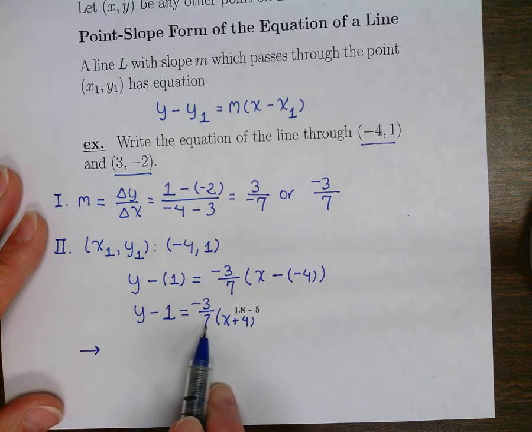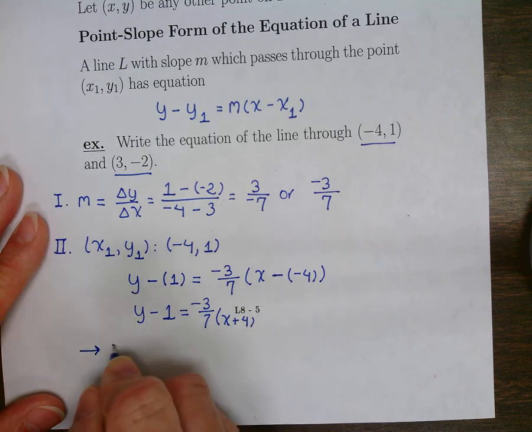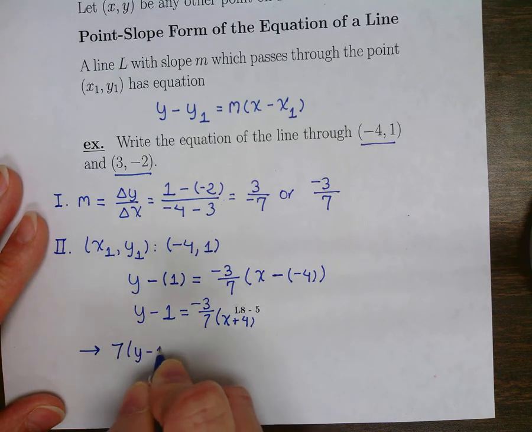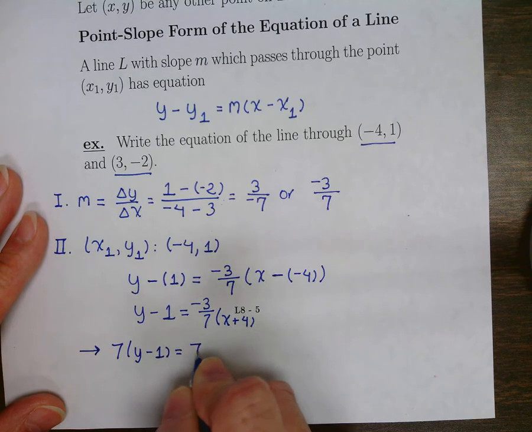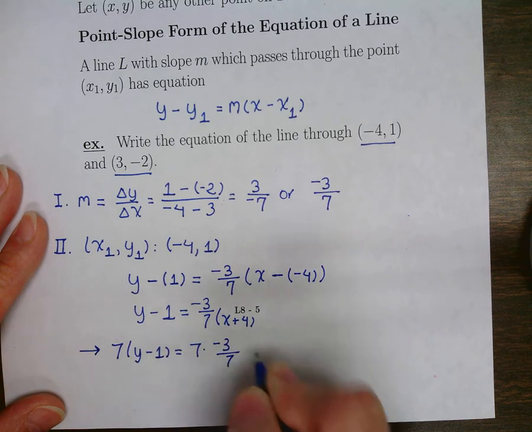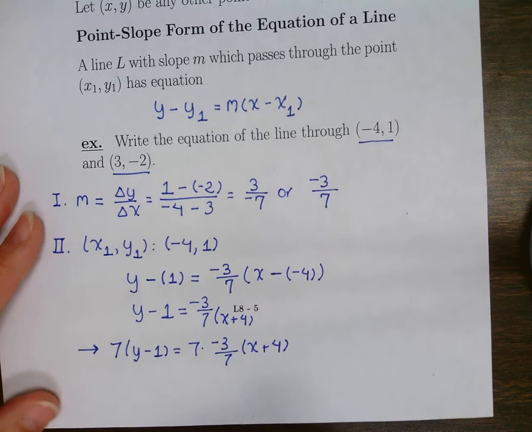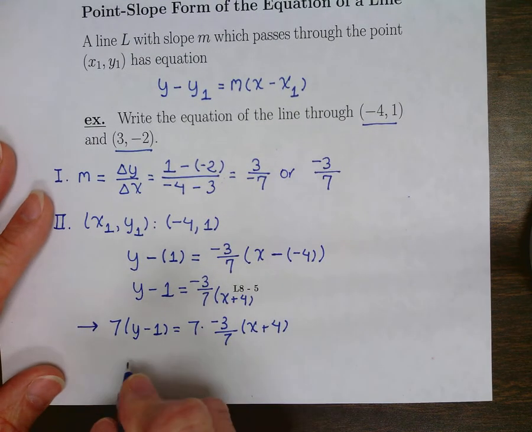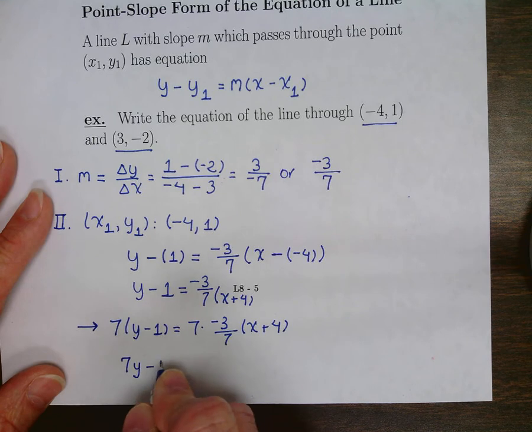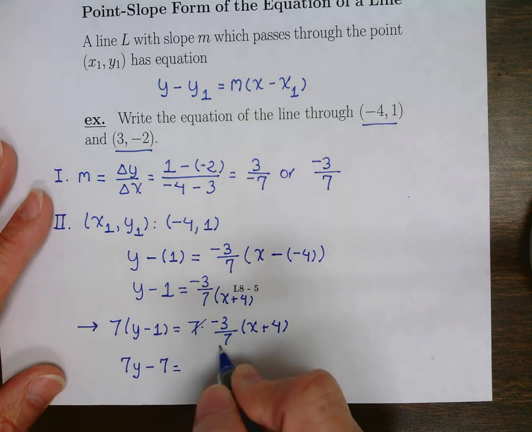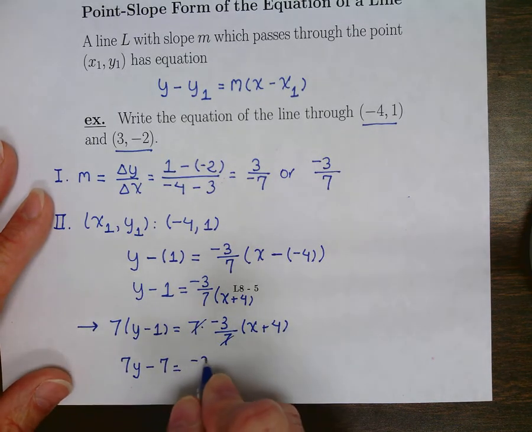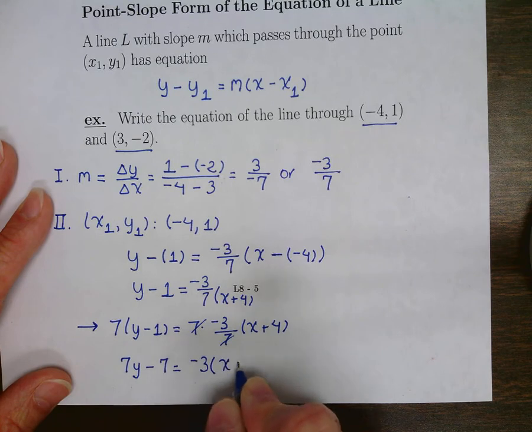The first thing we can do is multiply both sides by 7 to clear our fractions. And remember that x plus 4 should be in the numerator. Okay, and so I get 7y minus 7. Here the 7's cancel, and I get negative 3 times x plus 4.